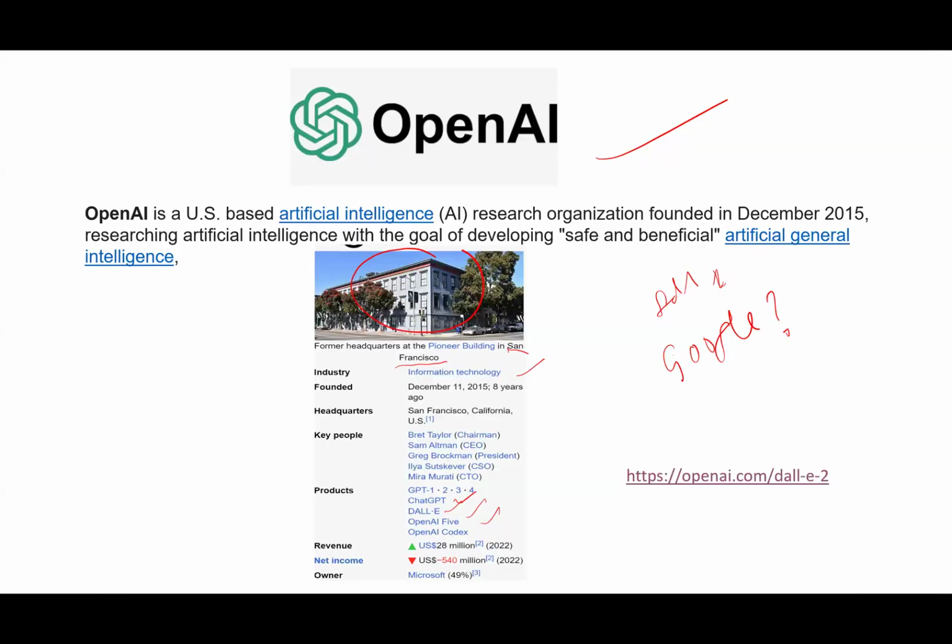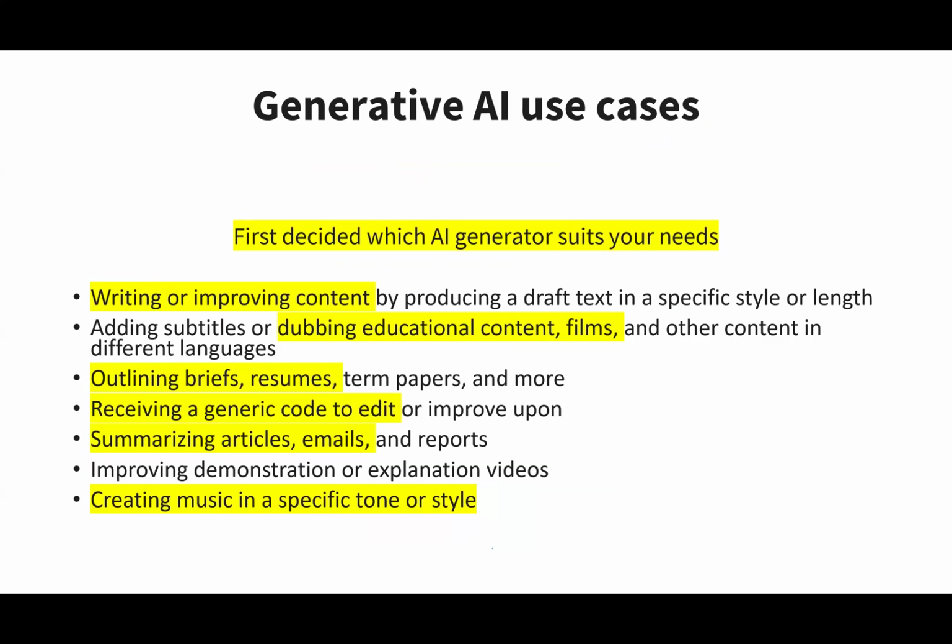Now these are the different use cases of generative AI. What are the use cases? What are the applications? These are very common applications, but there are very powerful applications also. We are discussing in brief. If you want to improve your content, for example on a website, on social media, educational institution content, films or movies, and you want to do it in seconds, you can use this Gen AI technology.